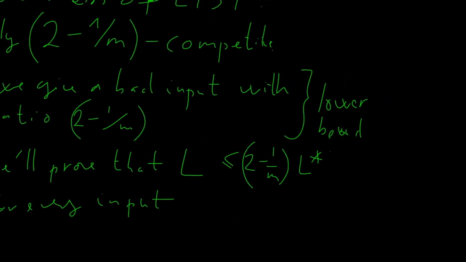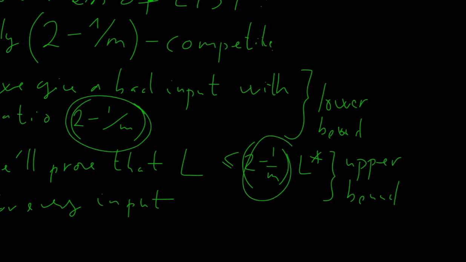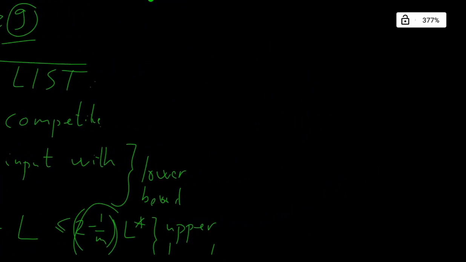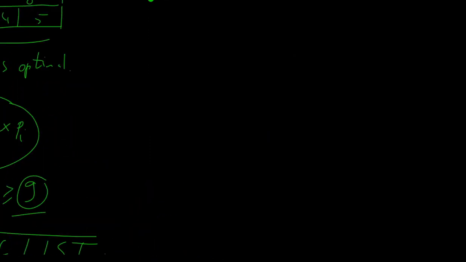And this is the proof of the upper bound. And since these two fractions coincide, lower and upper bound, this means that it's exactly 2 minus 1 over m competitive.